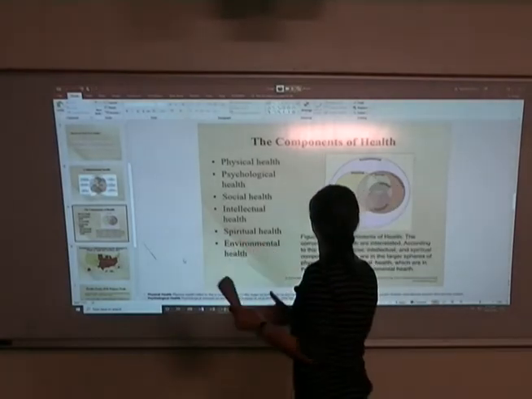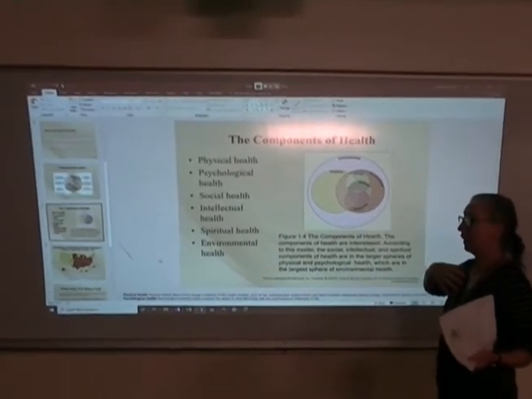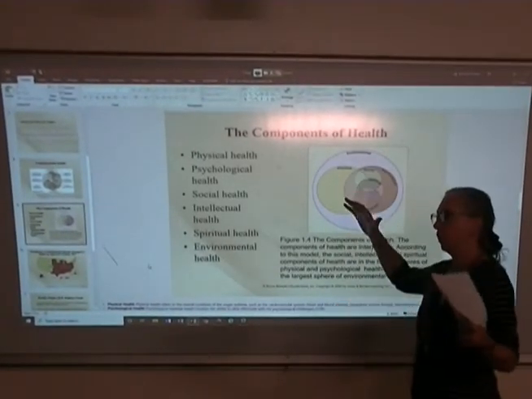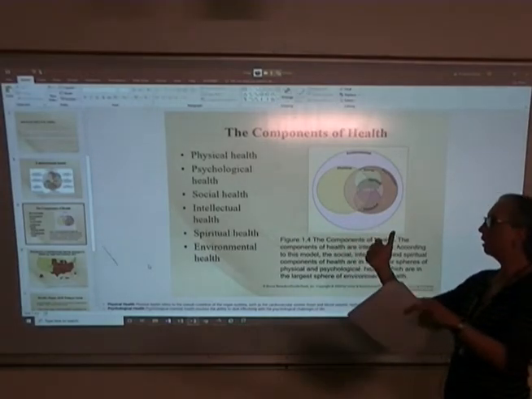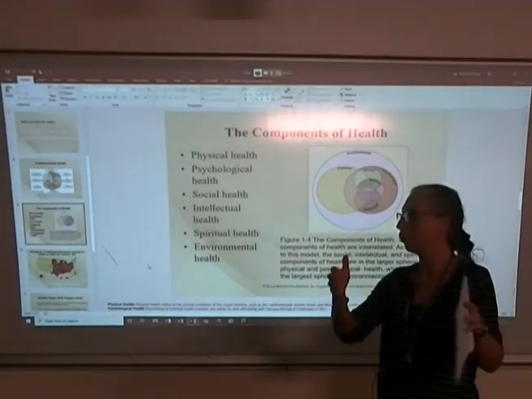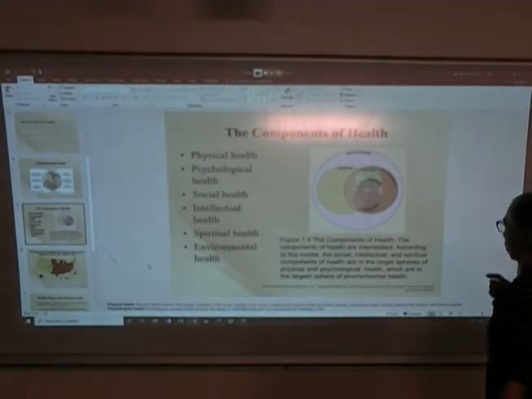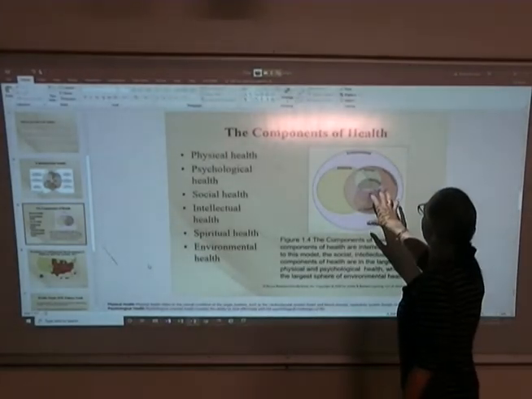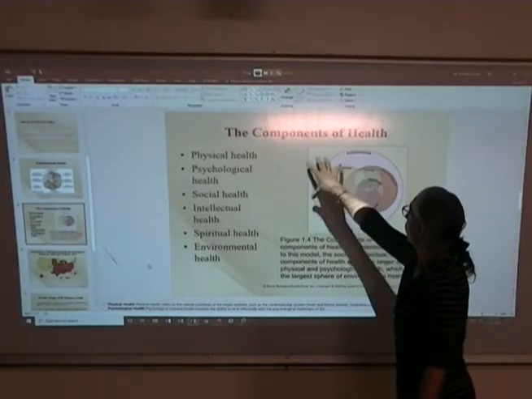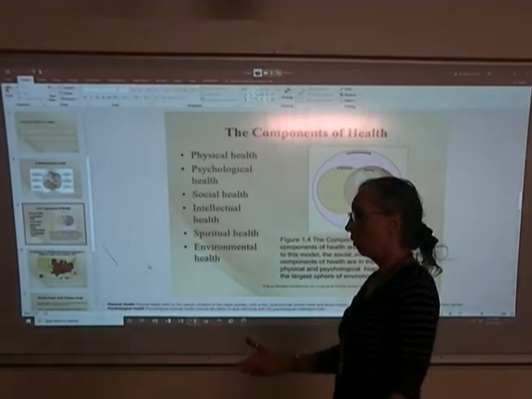It'll be super. All right, so I was saying, one of the things I like about this model is that they overlap everything to indicate that we really can't isolate wellness just to one portion of our life. This particular model puts psychological, social, spiritual, intellectual, and physical within the context of your environmental health.